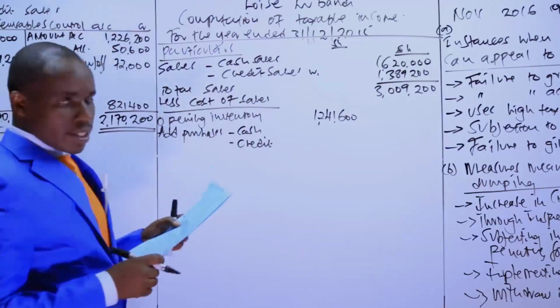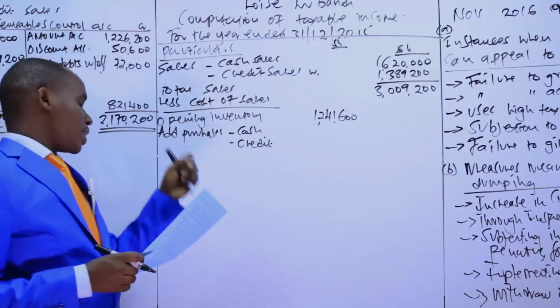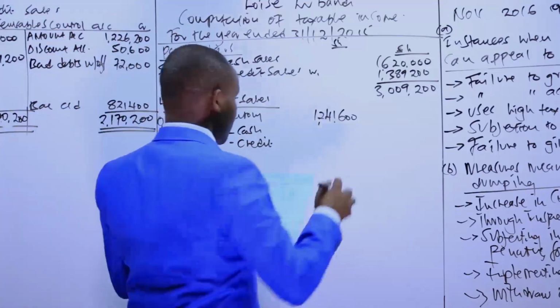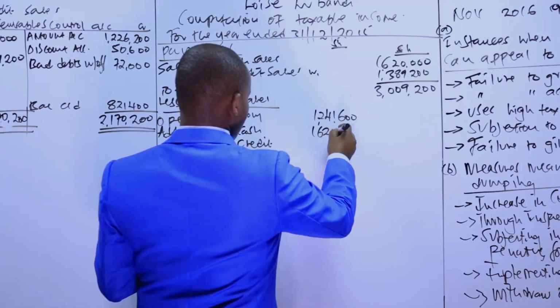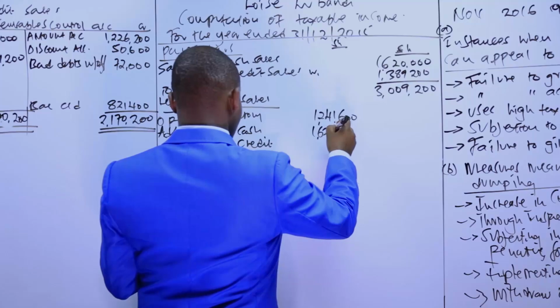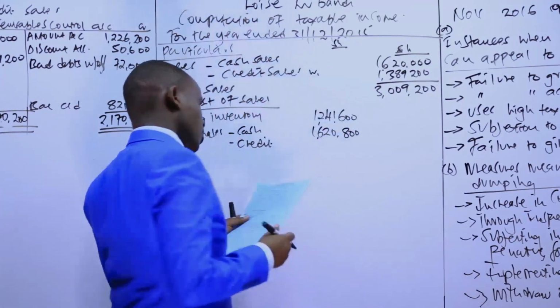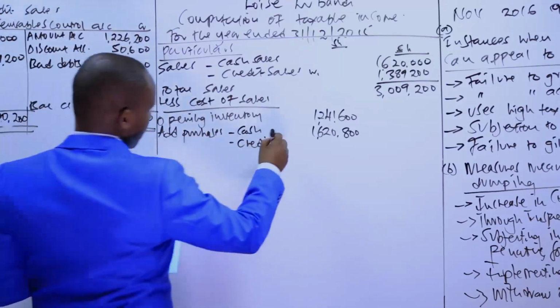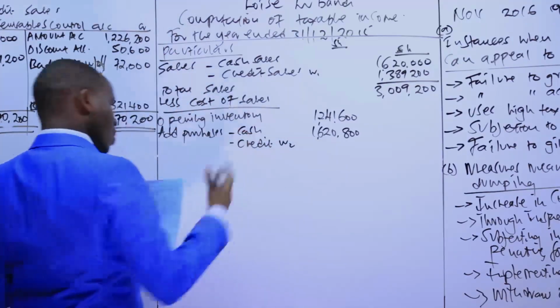In the cash book summary, that is where we get the cash purchases, and I can see cash purchases 1,620,800.